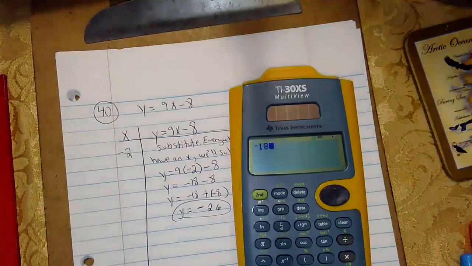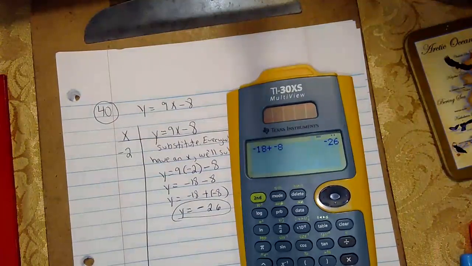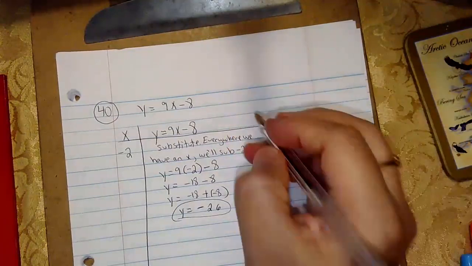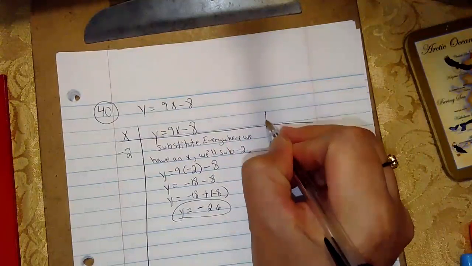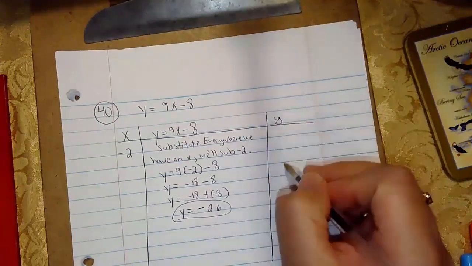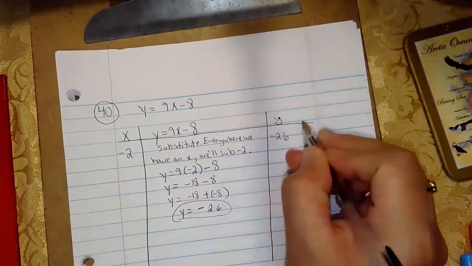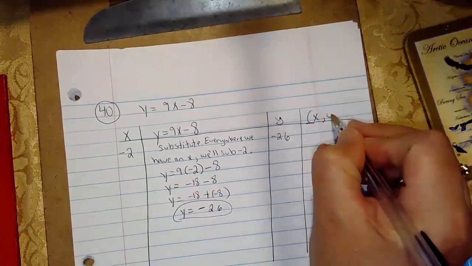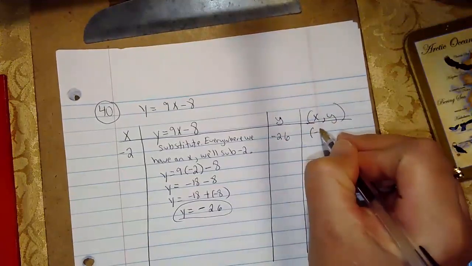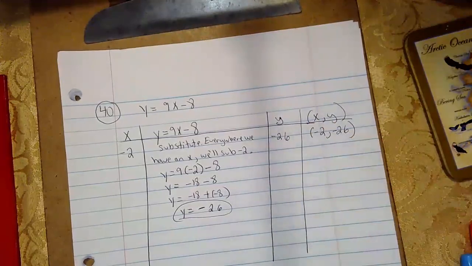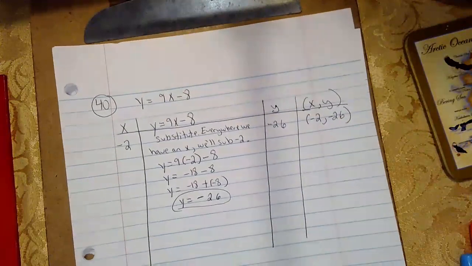Negative 18 plus negative 8, you can see it's negative 26. Do a little checking there. So then your y is negative 26. So your ordered pair (x, y), when x is -2, your y is negative 26.